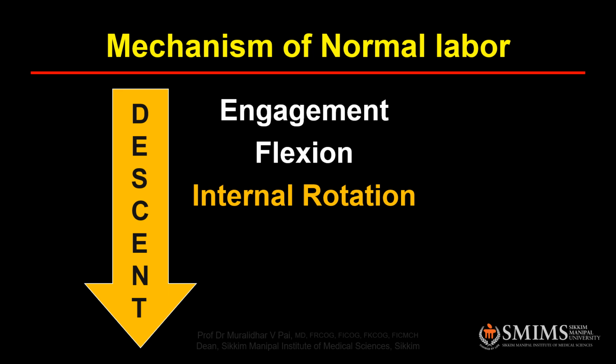It has to align itself into anteroposterior position, and for that, the two levator muscles act in synergy. The flexed head, as it descends, will touch one of the levator muscles. That will go into contraction, whereas the opposite levator synergistically relaxes. As a result, the head rotates by 45 degrees. The pelvic configuration also helps in this internal rotation.